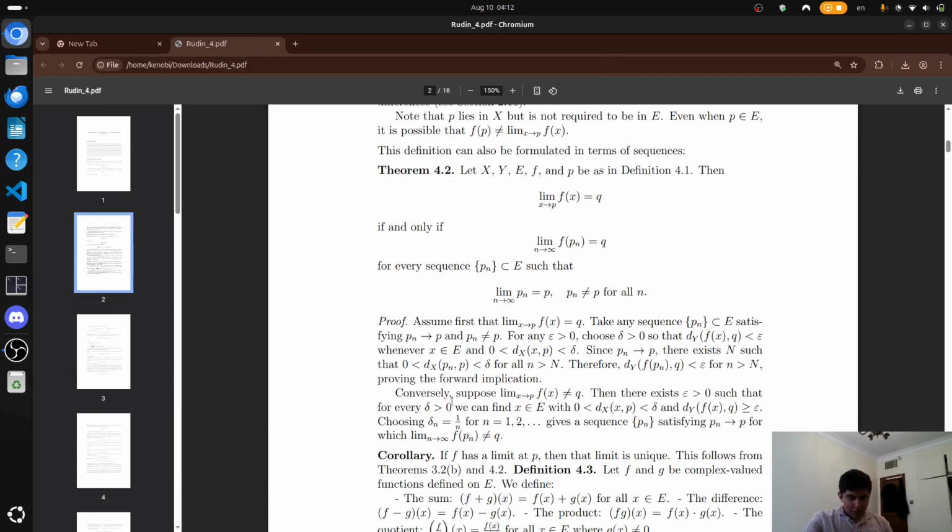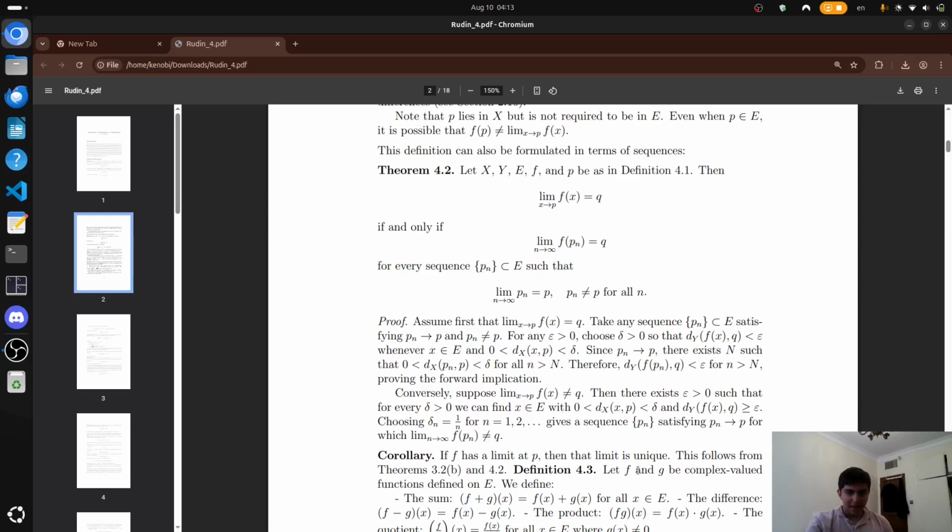Because we know that this statement is there exists epsilon greater than 0 such that for every delta greater than 0 we can find 0 less than dx xp less than delta implies this, which is basically the contrary of the initial statement, right?